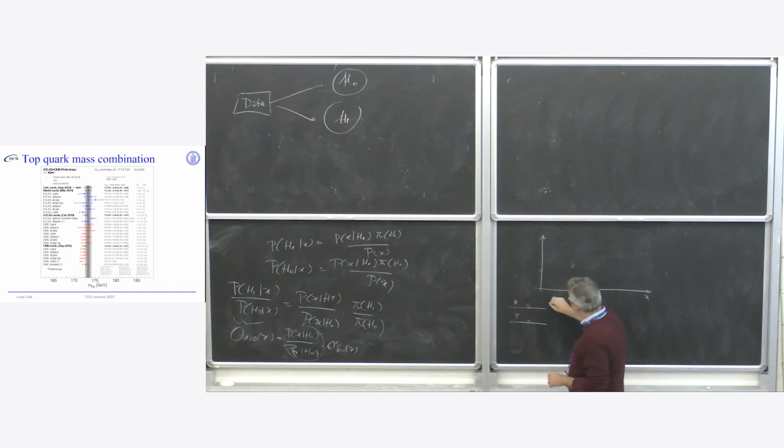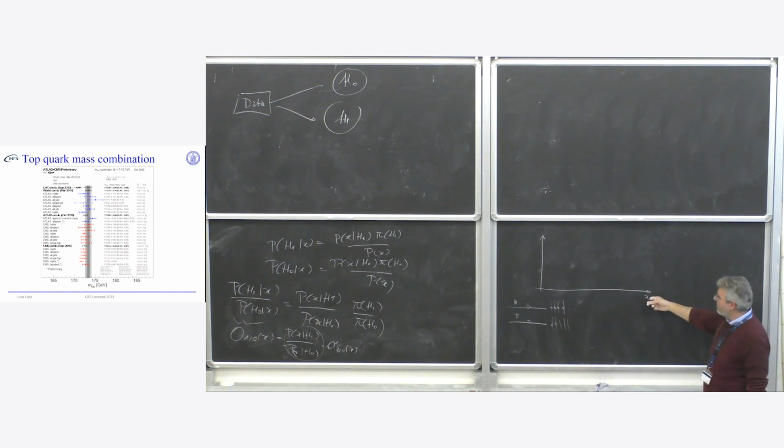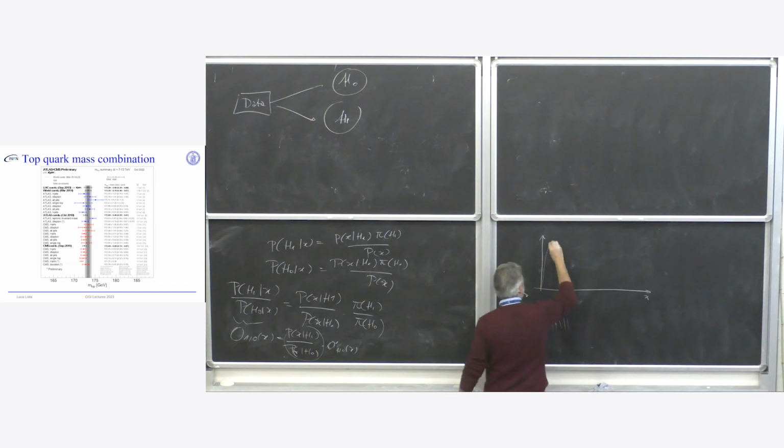Muons tend to cross a number of planes in a detector, while pions stop earlier. So x could be the total path traversed by the particle within the detector before it stops. Pions will behave this way, and muons this other way.